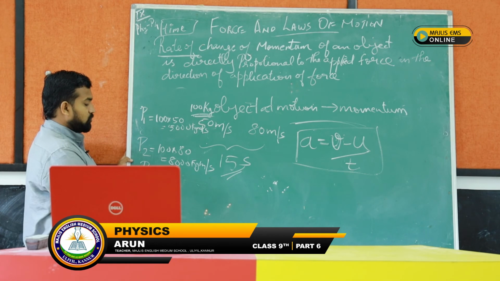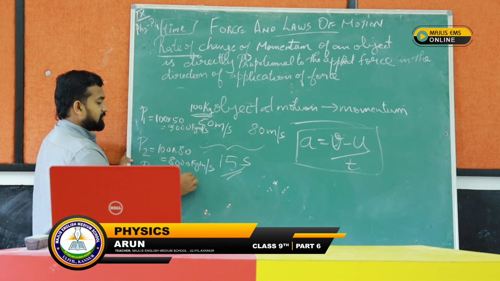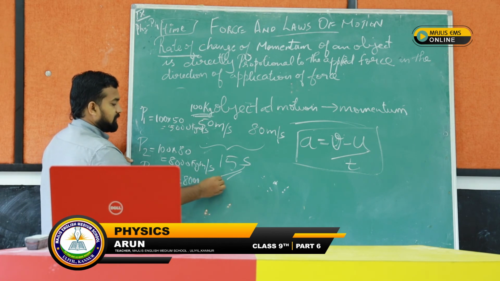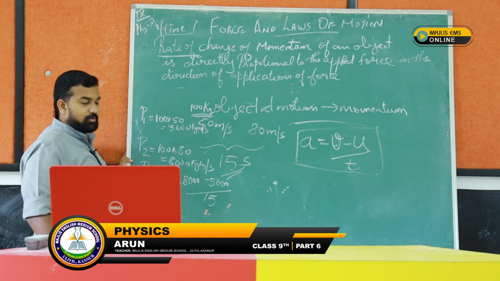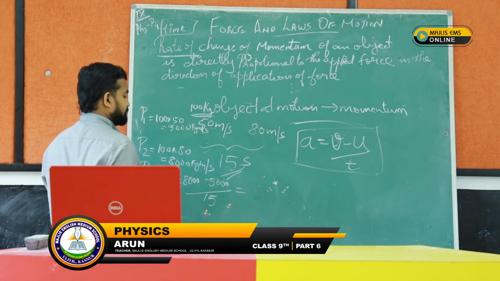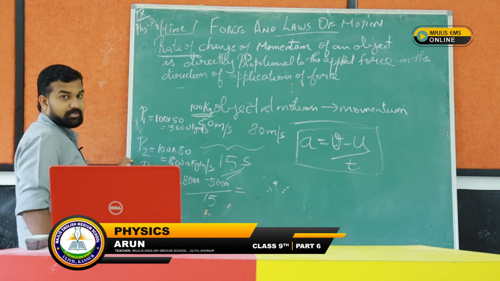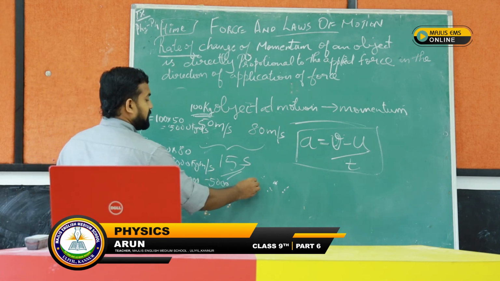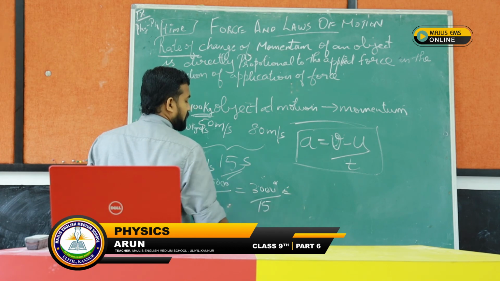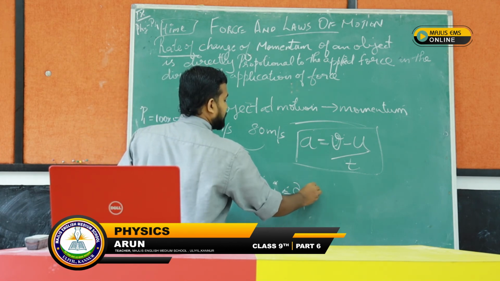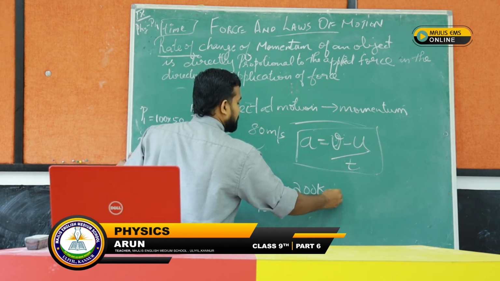That means P2 minus P1 divided by time, that's equal to 8000 minus 5000 divided by 15. Time is 15, I have told you. So that will be 3000 divided by 15, that's equal to how much? 200 kilogram meter per second.